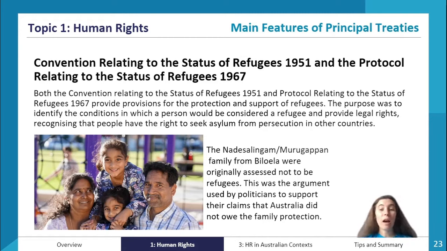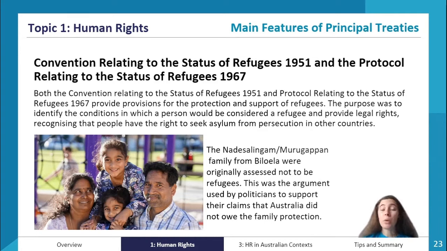So you may recognize this family from Biloela, and this is an example of the implications of the Convention relating to the status of refugees from 1951 and the Protocol relating to the status of refugees from 1967. So both of these, this convention and the protocol, provide provisions to protect and support refugees.